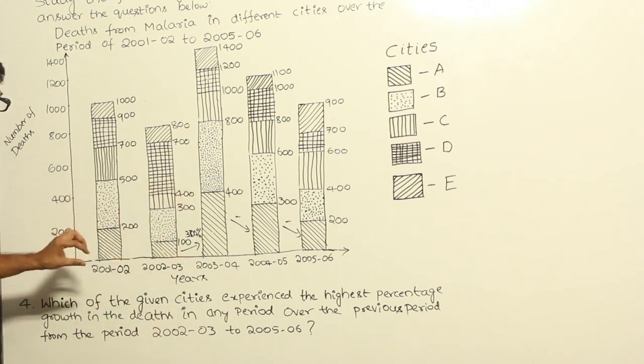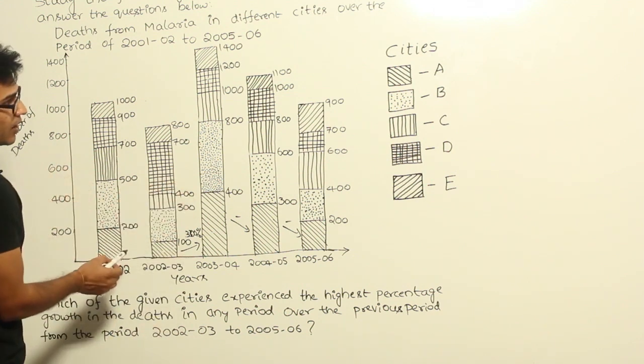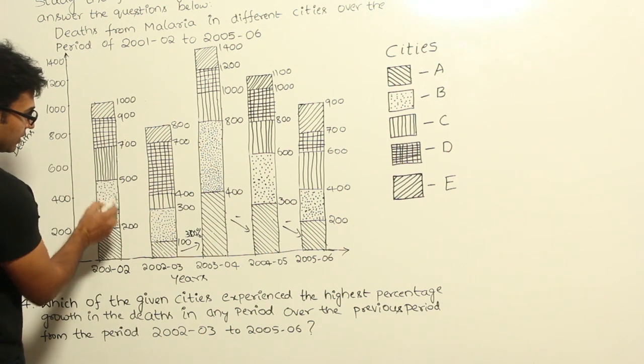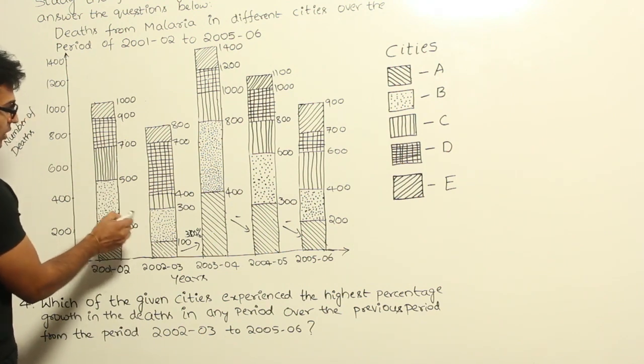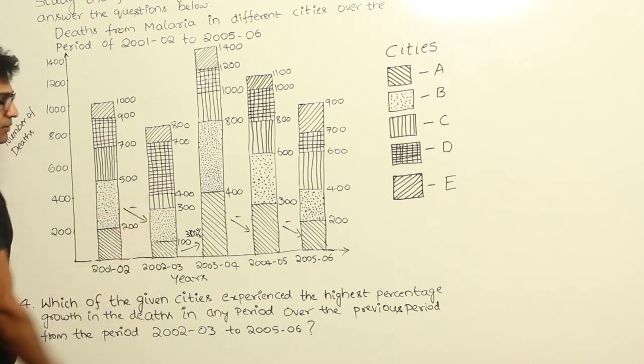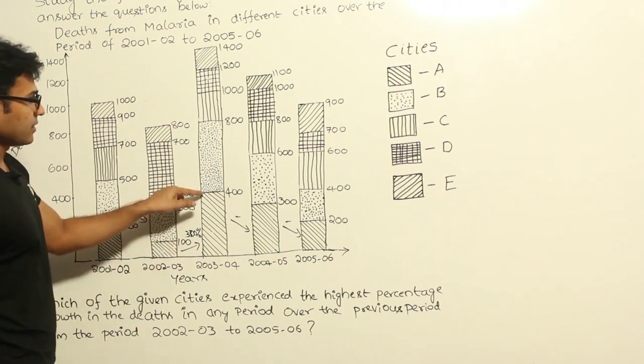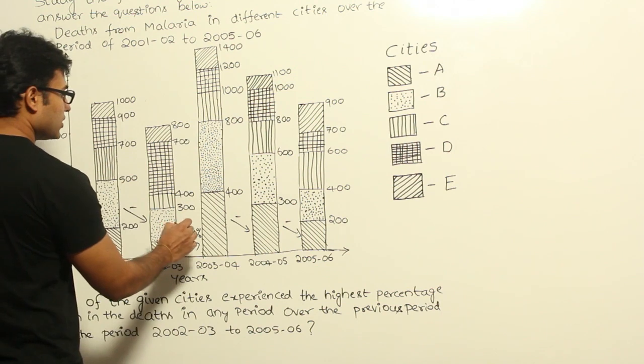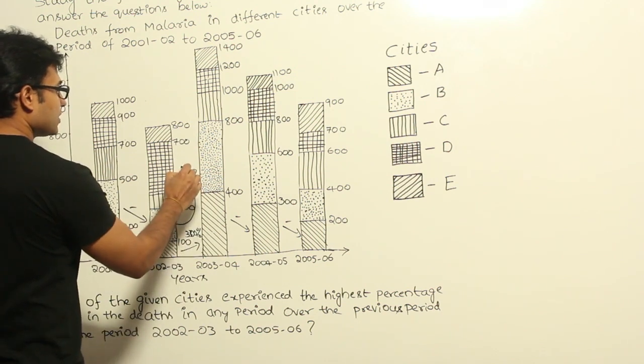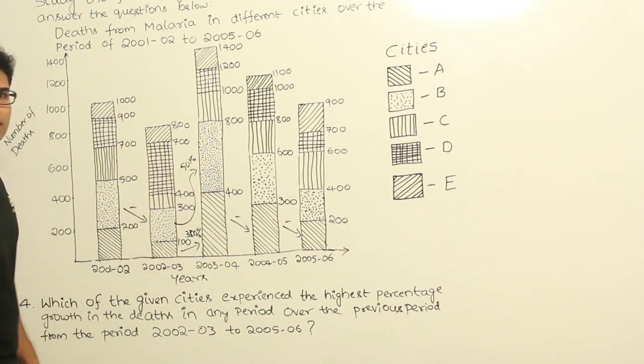Now if you see for city B, here it is 300 and here it is 200, therefore from here to here there is a decrease, so don't worry about it. And now here it is 200 and here it is 400, so from here to here there is 50% increase, isn't it?